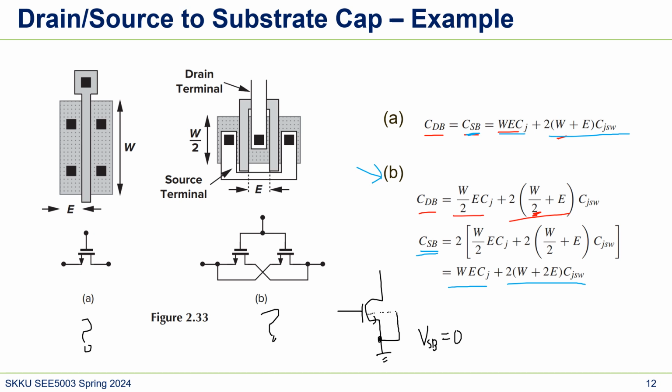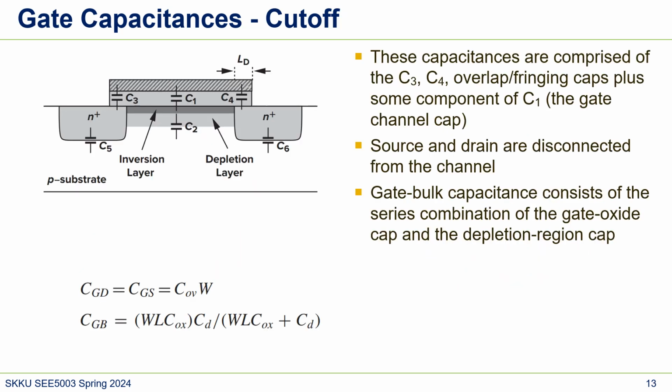So even though B has larger source bulk capacitance, since this source substrate capacitance sometimes doesn't matter because of the actual circuit connection, we usually say B is better. Well, anyway, B is usually the only way we can draw if the width is really large. Well, this is just a side story.